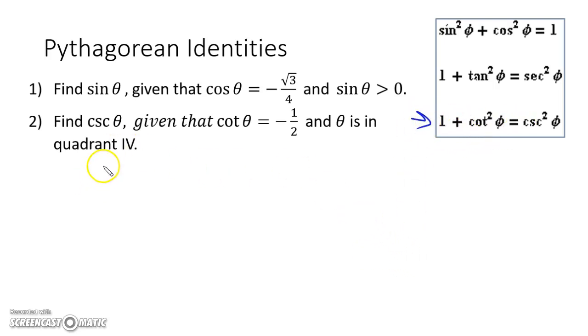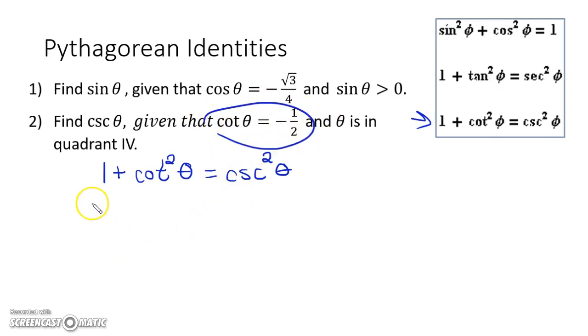So let's plug that in and see what we get. So 1 plus cotangent squared of theta equals cosecant squared of theta. And plug in what we know, cotangent. So 1 plus -1/2 squared, because we're squaring that cotangent, is going to be equal to cosecant squared of theta.